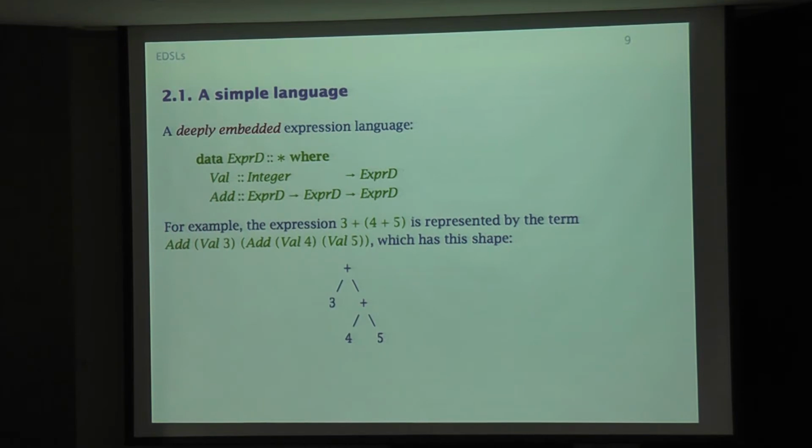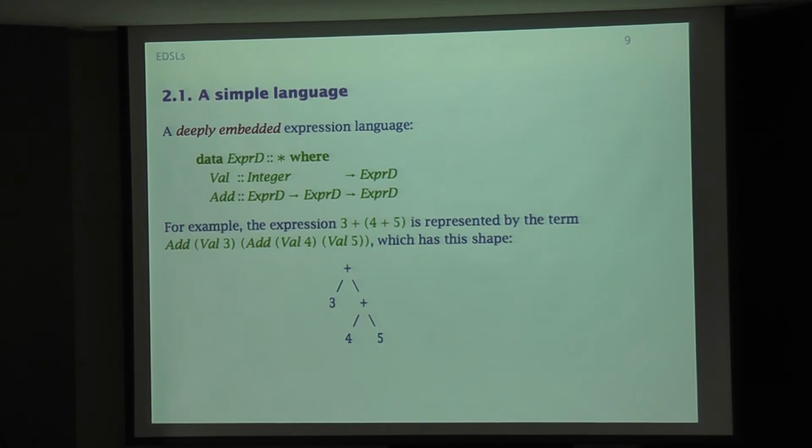And I'm going to do it by deep embedding, so I'm going to implement it by an algebraic data type. And this is the algebraic data type. If you've seen this before, I hope. So this is defining a data type called ExprD, D for deep, and never mind the double colon star. This tells you that there are two constructors for this data type.